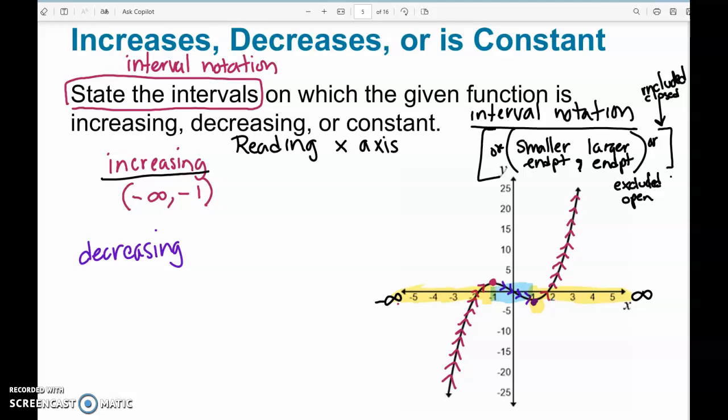So this right here, and whenever you use negative infinity, it's always the concept of the smaller endpoint. So it's always on the left. This right here means any number smaller than -1. And then from here to the right, that's from 1. So read the x-axis. 1 is the turning point to positive infinity.